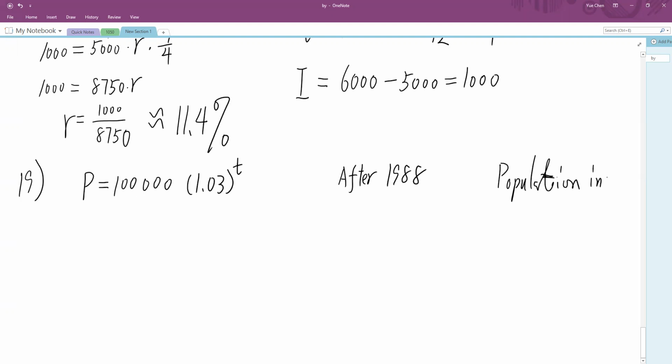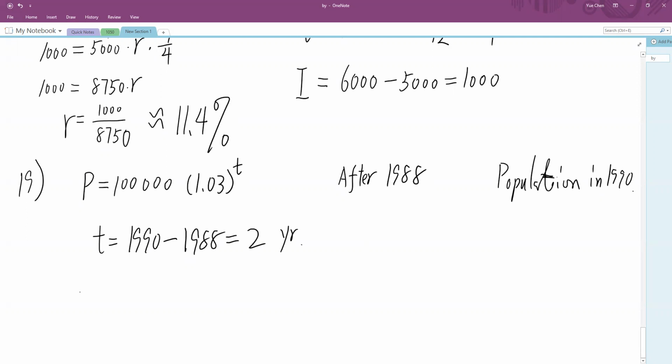Find the population in 1990. So what is T here? 2, right? Which is from 1988 to 1990. So this one would be 2 years. Okay, 2 years. Then we plug in.